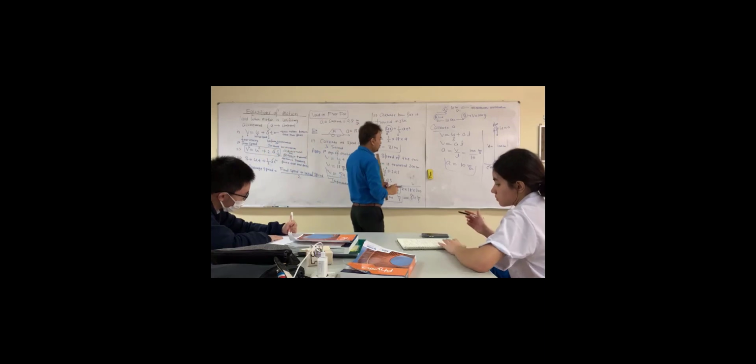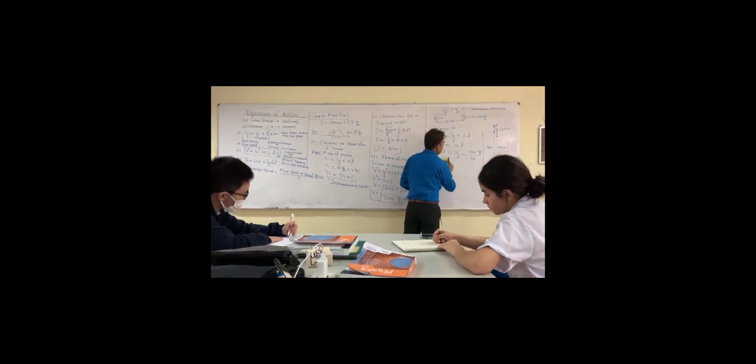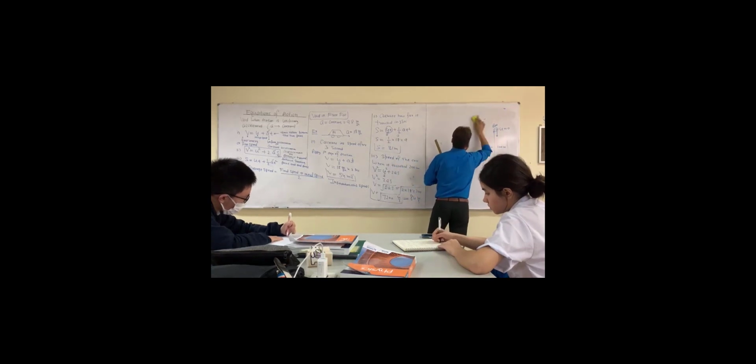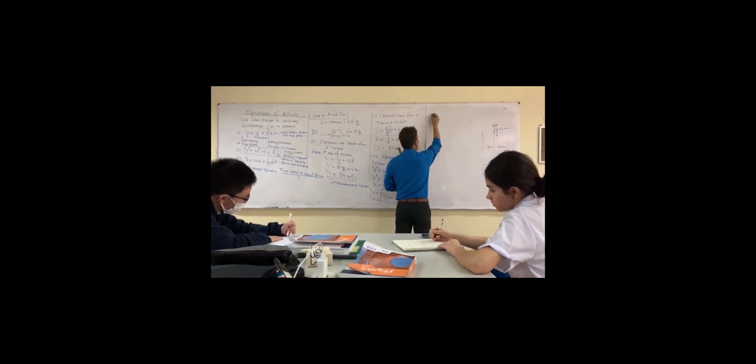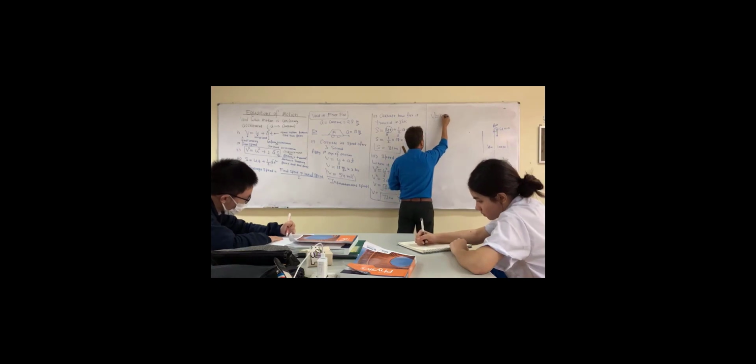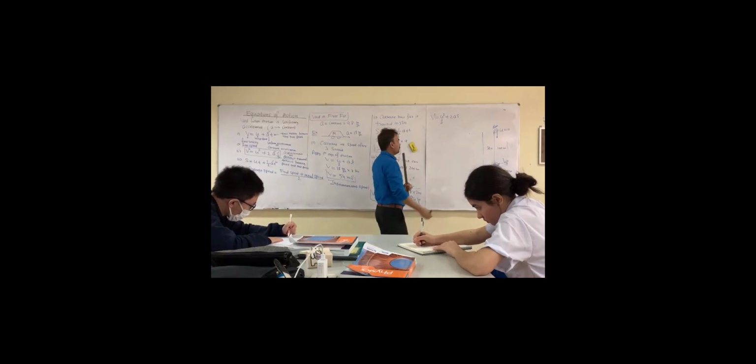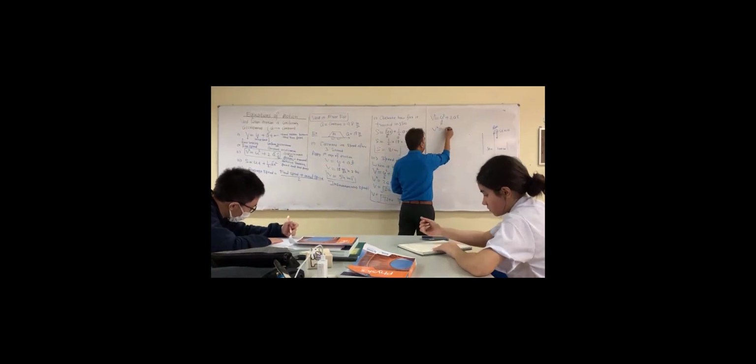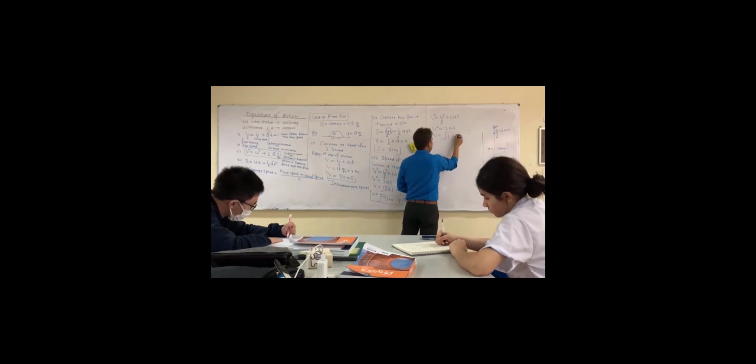So use this equation. V square is equal to U square plus 2AS. Initial speed is 0. So V square is equal to 2AS. So V is equal to square root of 2AS.